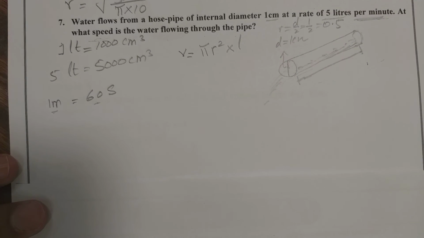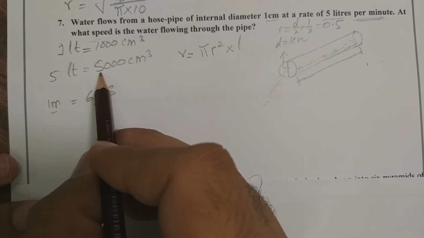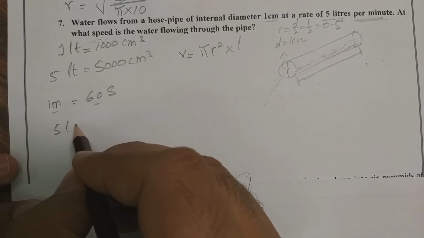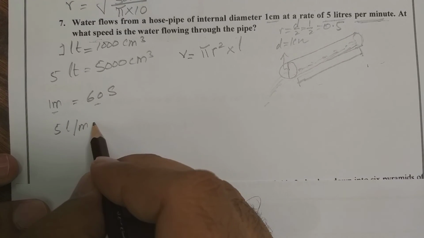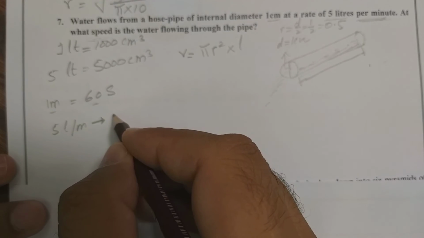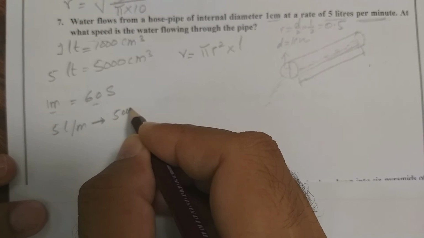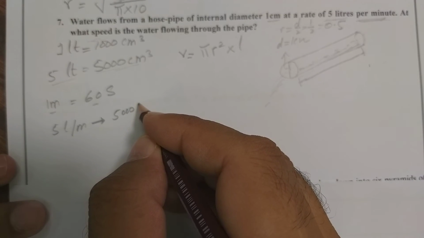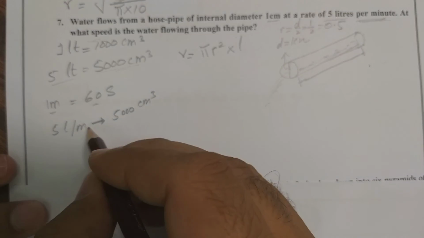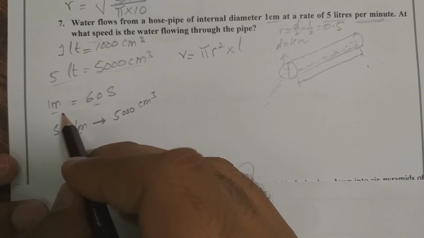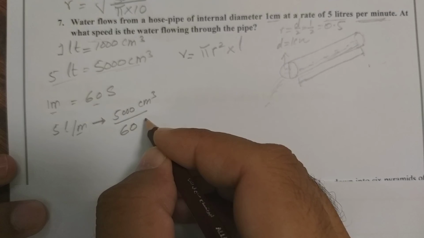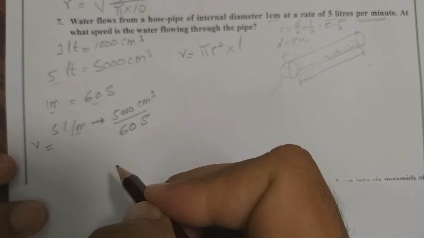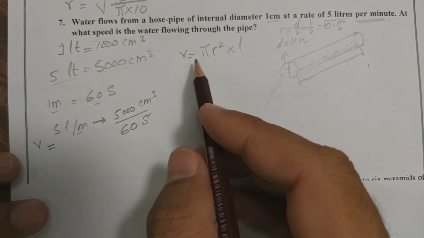Now the question is clear. 5 liters per minute means, changed into cubic centimeters, 5000 cubic centimeters, and 1 minute equals 60 seconds, so divided by 60 seconds. This is the volume value, so put it in the formula.